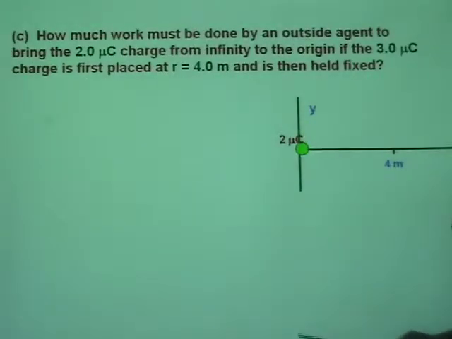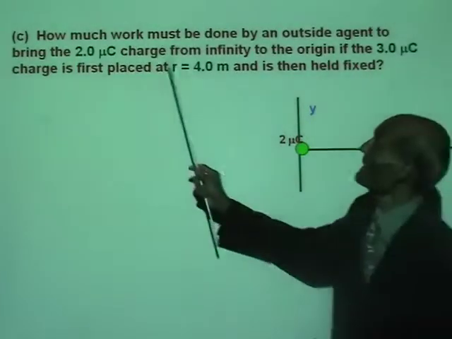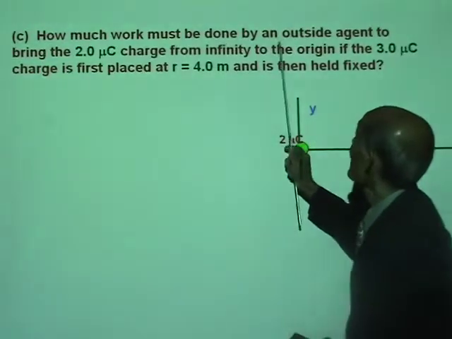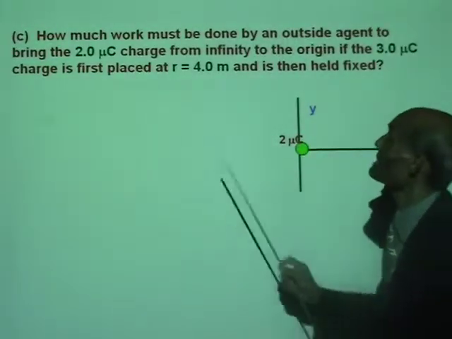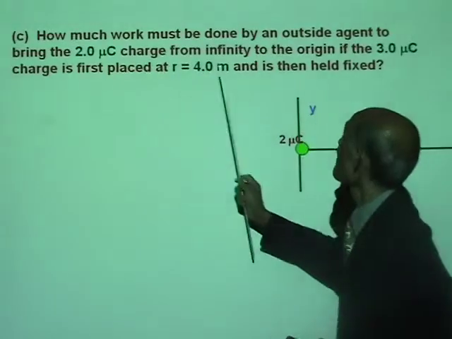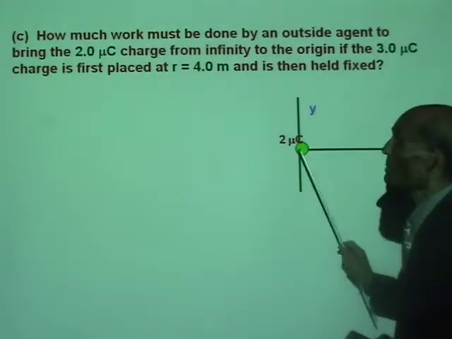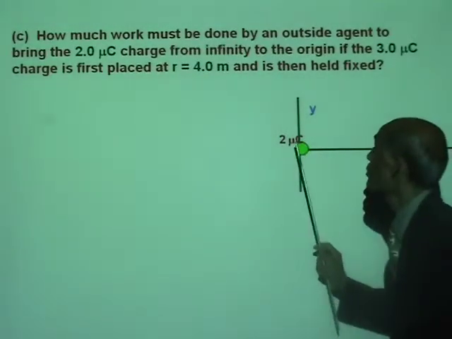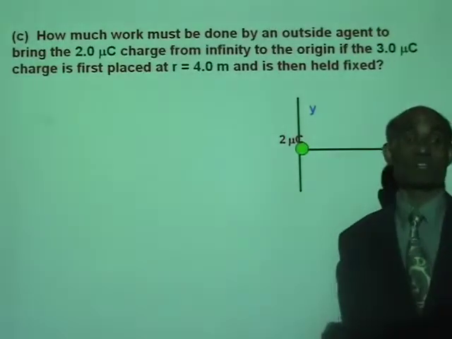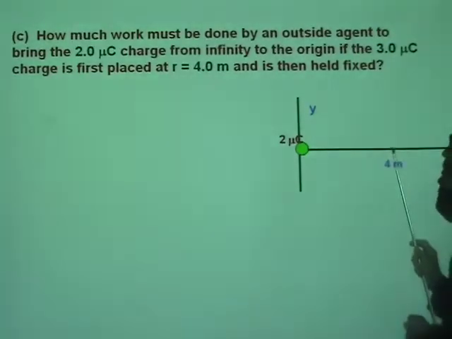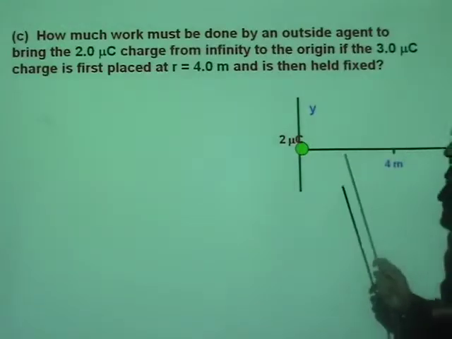Okay, what's the next part? C. How much work must be done by an outside agent to bring the 2 microcoulomb charge? Suppose this 2 microcoulomb is not there to begin with, but the 3 microcoulomb is there.